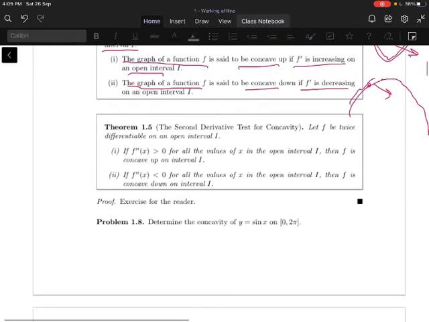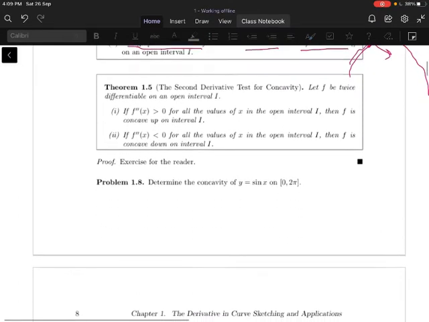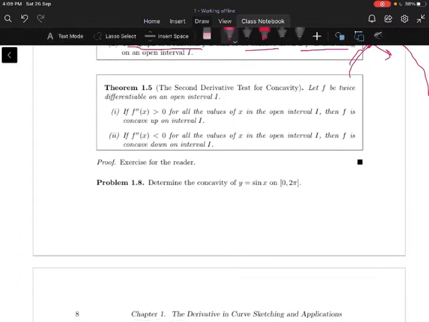It is easy to verify whether the curve is concave up or not with the help of a theorem, that is the second derivative test for concavity. This is a very, very important theorem.